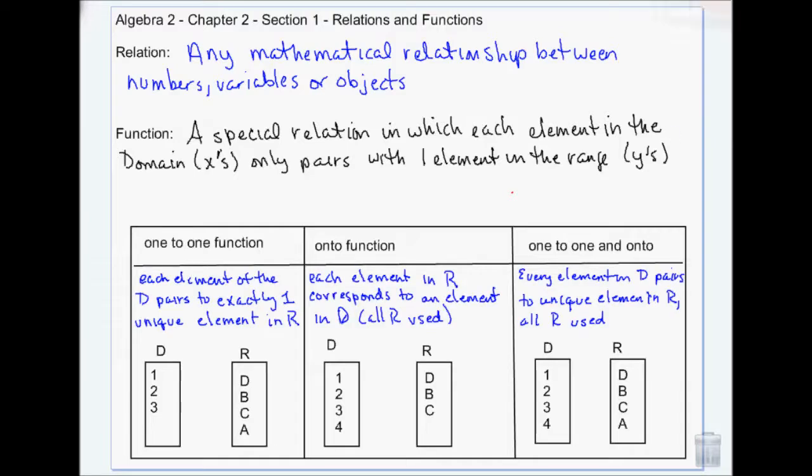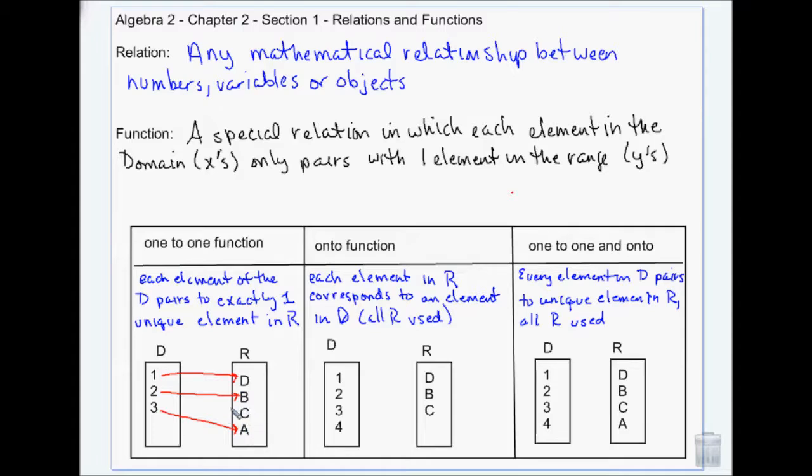Basically what one-to-one means is that every element in X goes to a unique element, or every element in the domain goes to an element in the range, but none of the range elements are used more than once. This one's not an onto function because I have extra elements left over in the range.